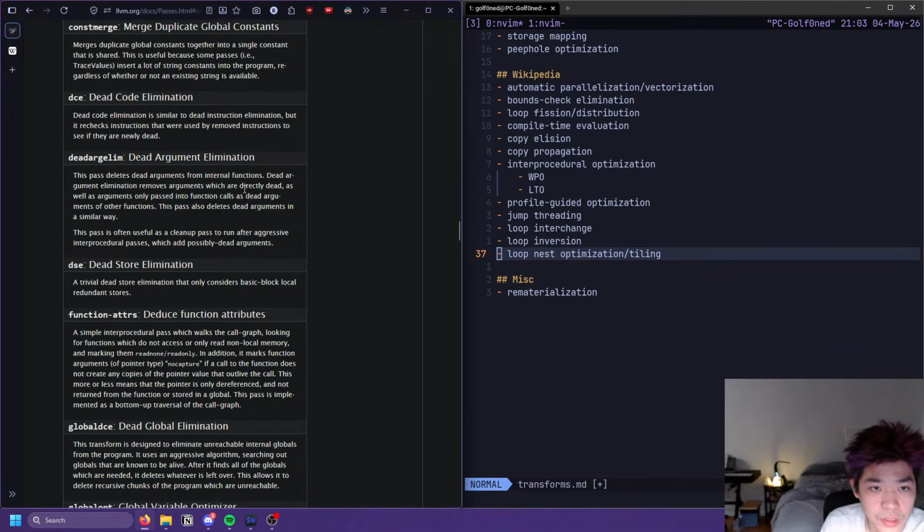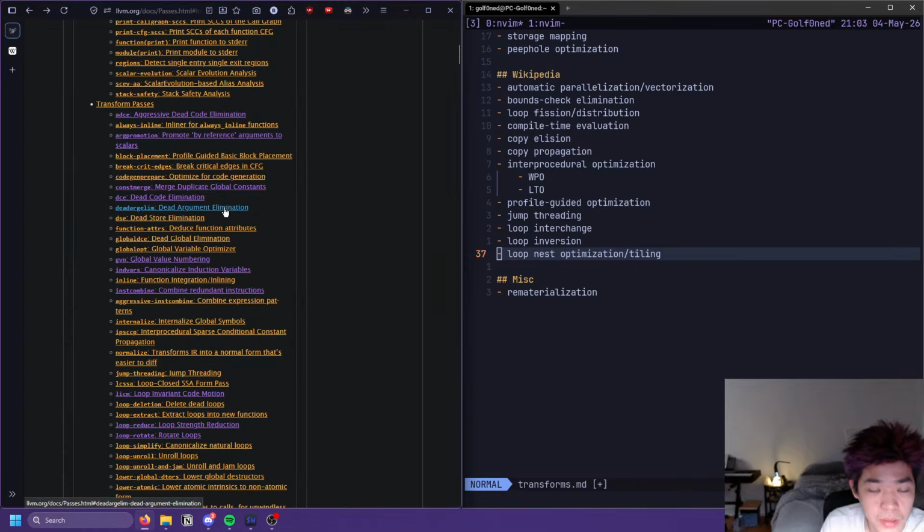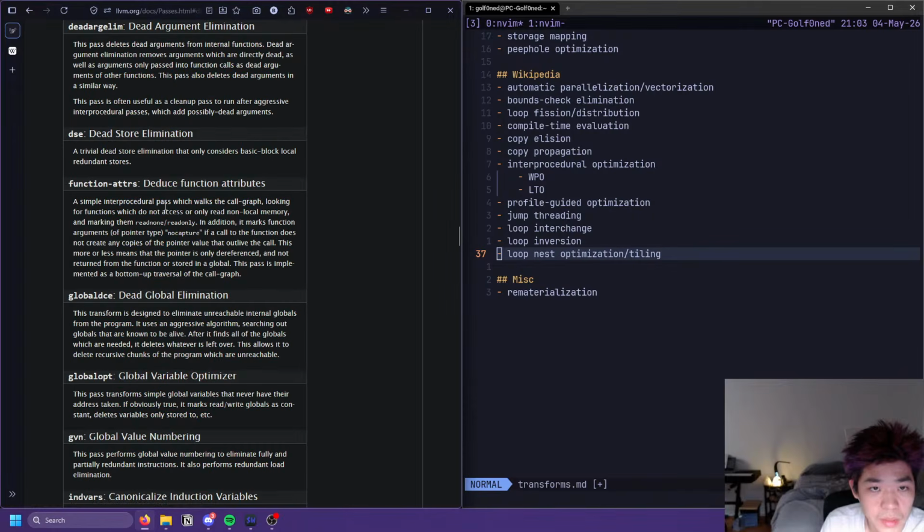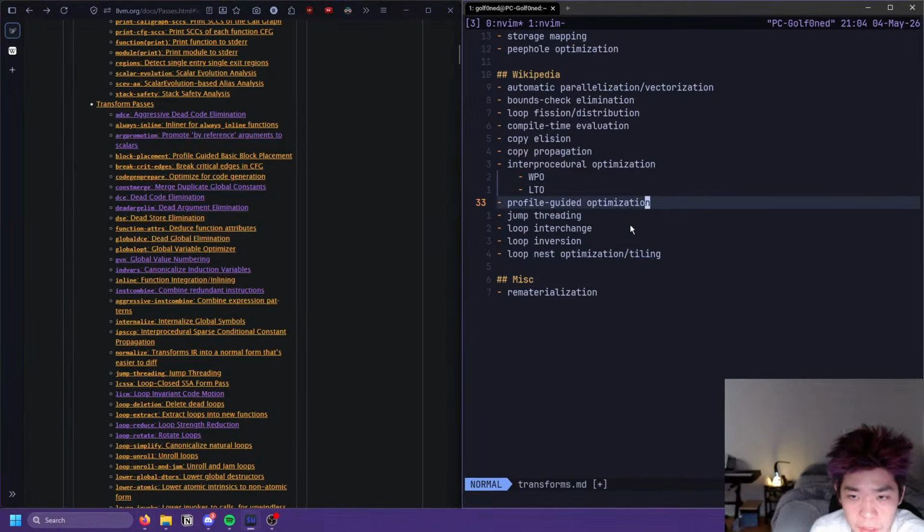Const merge. Dead argilim? Wait. Huh. I guess that falls under like dead code elimination.